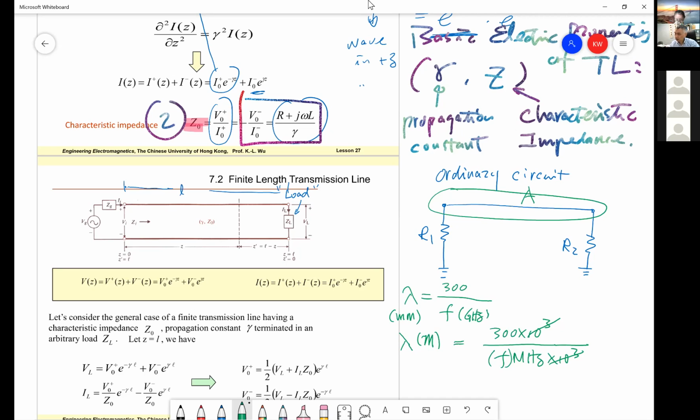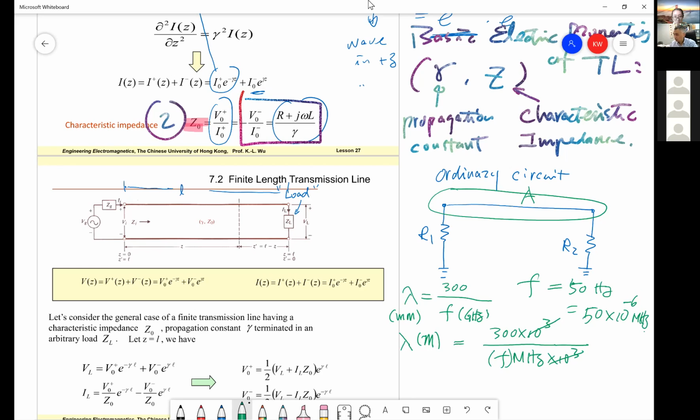Now let's say our frequency in Hong Kong, the outlet, the power frequency, the AC is 50 hertz, right? 50 hertz is how many megahertz? It is 50 times 10 to the minus 6 megahertz.